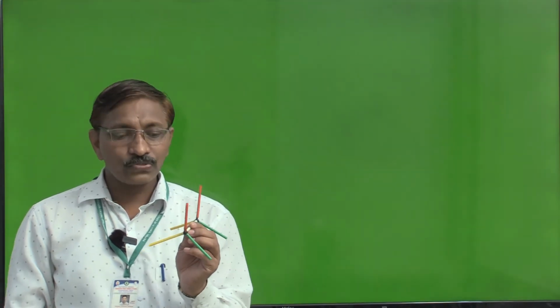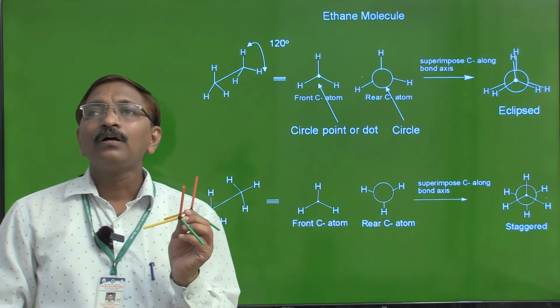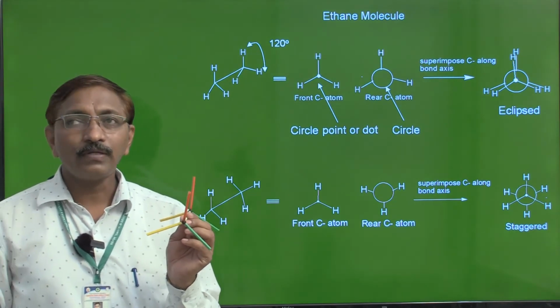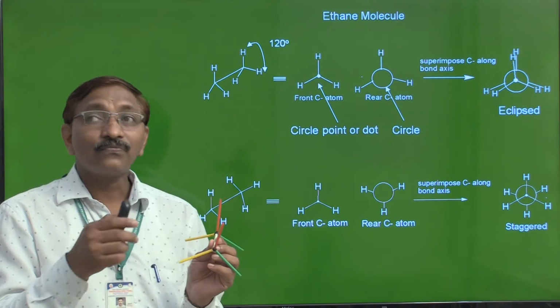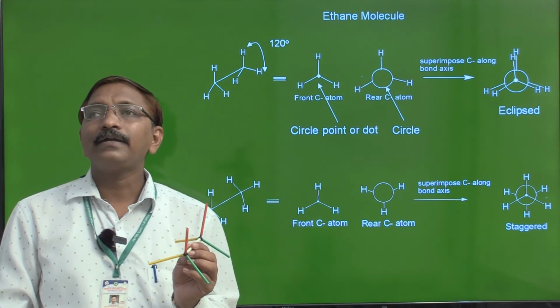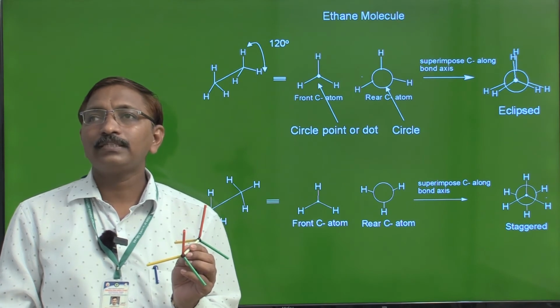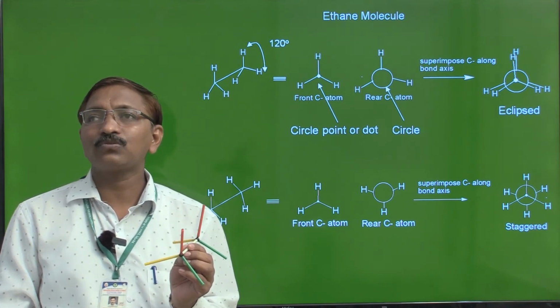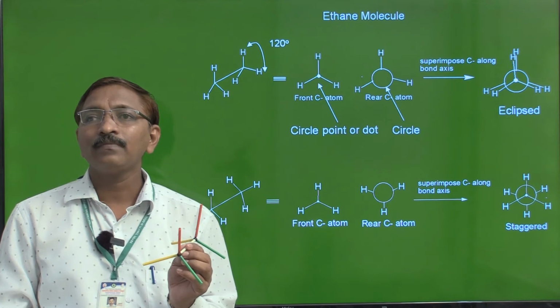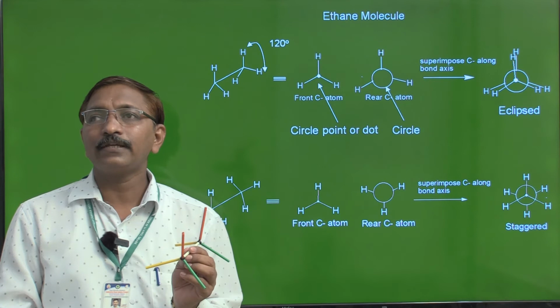So here we first see the planar form of the corresponding Sawhorse projection formula. In this case the front carbon atom is represented by a circle point, and these three hydrogen atoms are attached to the central carbon atom, and here we get an angle of 120 degrees.